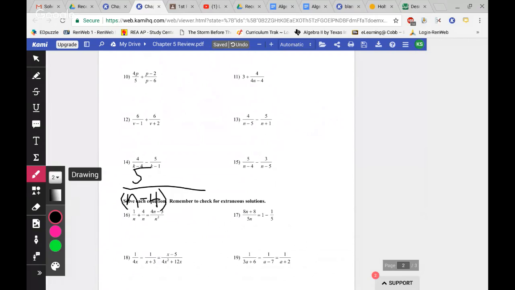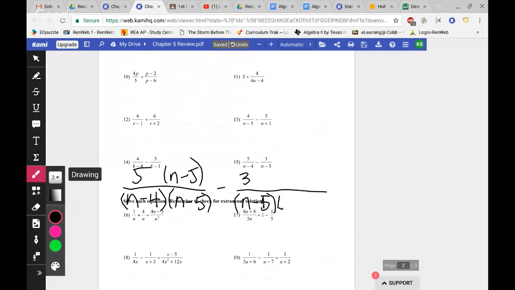So I know that's my beginning, and in order to have a common denominator, I have to include the other denominator. And whatever I multiply the bottom by, I have to multiply the top by in order to not change the expression. So I've got n minus 5 over here.